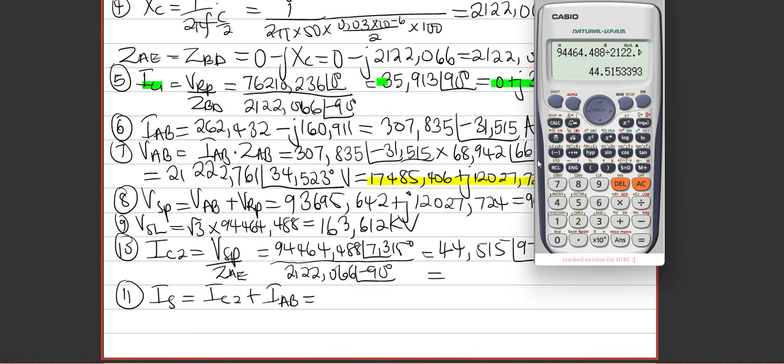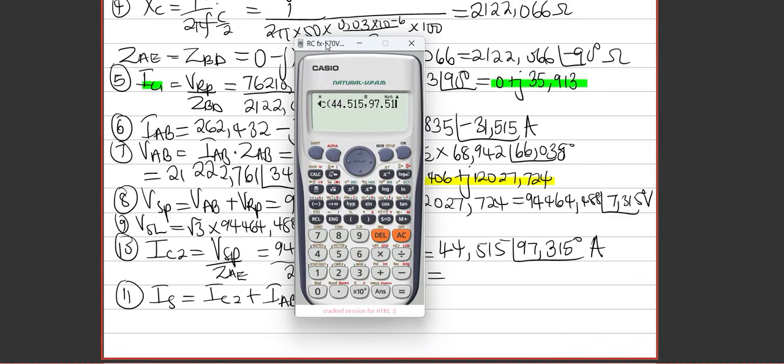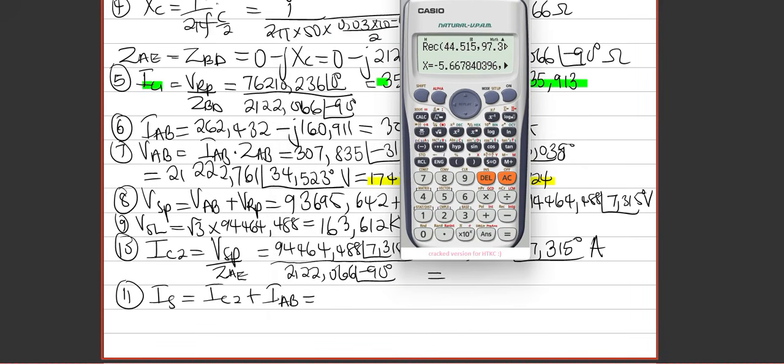So it's going to be shift rec for 44,515 at the angle 97,315. And then we're getting minus 5,668 and 44,153.